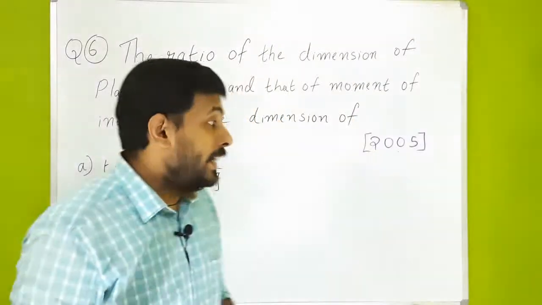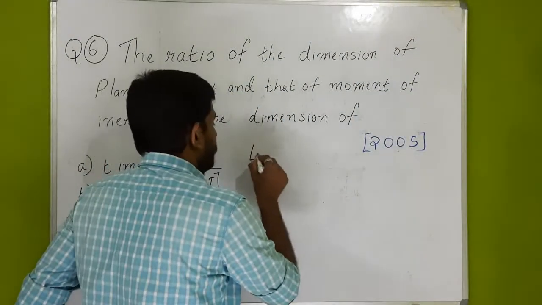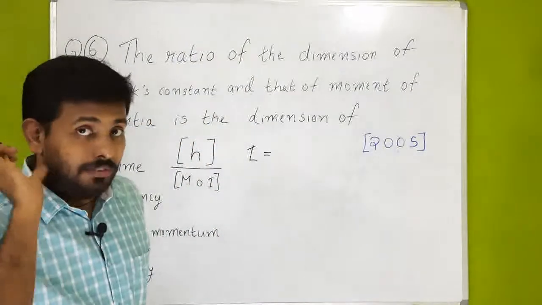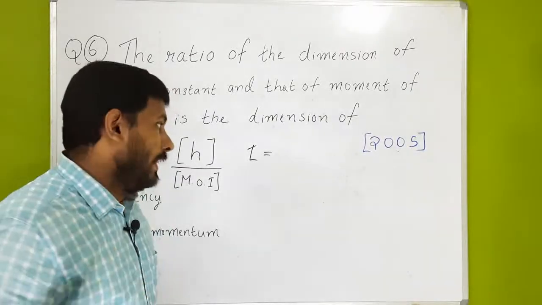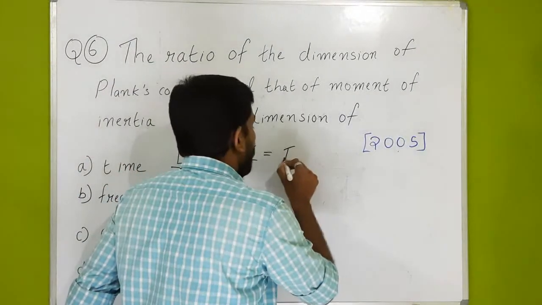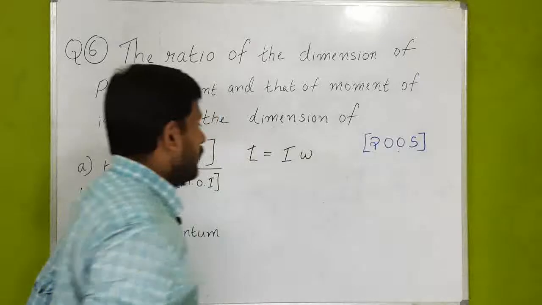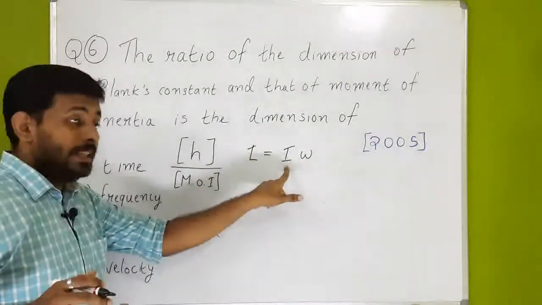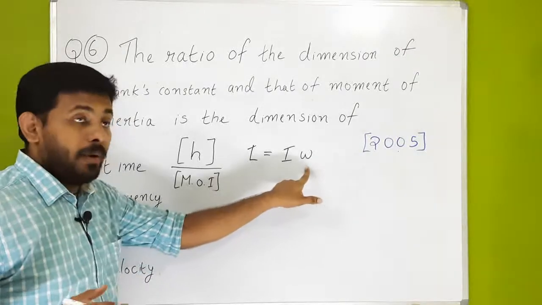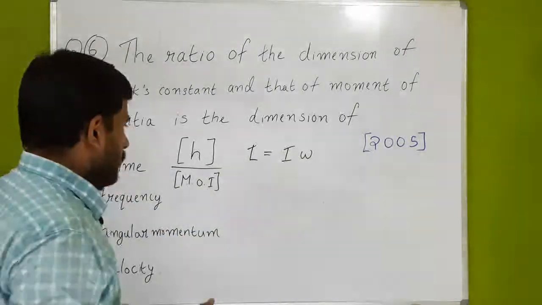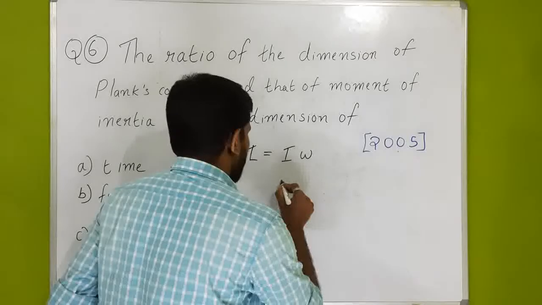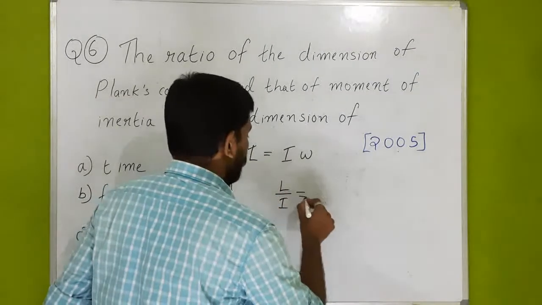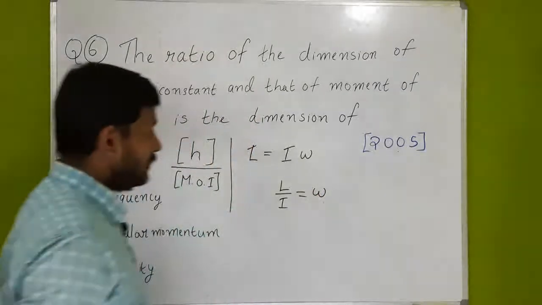But we know that the angular momentum, I denote angular momentum with L cross to avoid the confusion with the dimension of length, is equal to I omega, where L cross is the angular momentum, I is the moment of inertia, and omega is the frequency. And we know that L by I will be equal to omega. Okay.